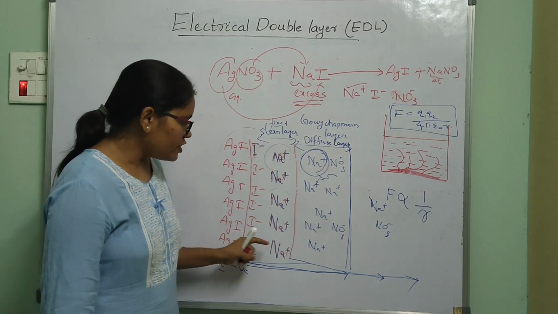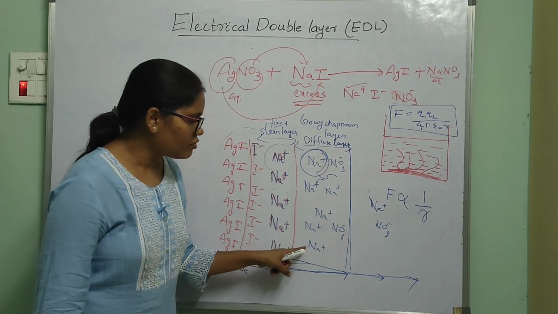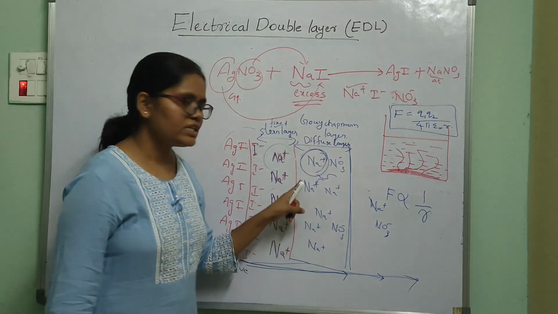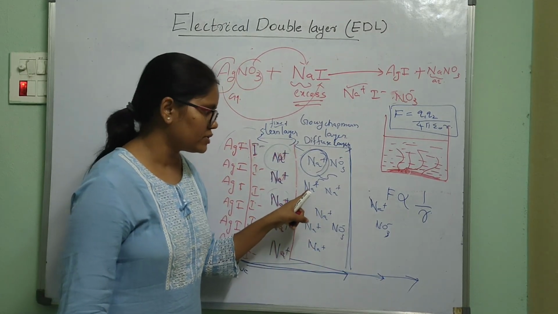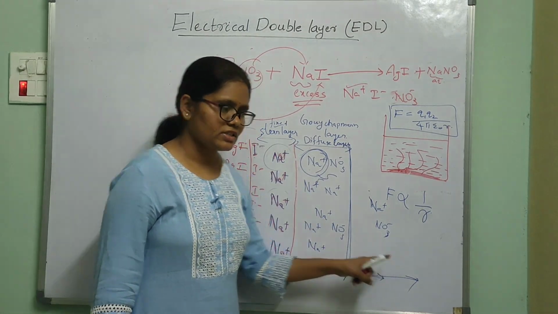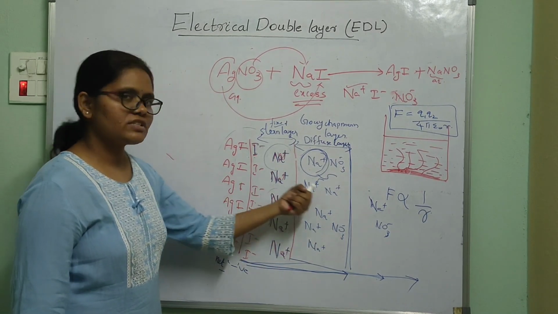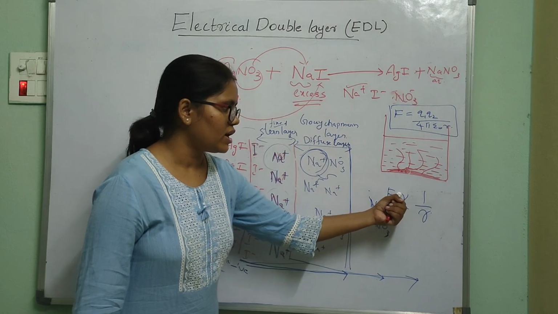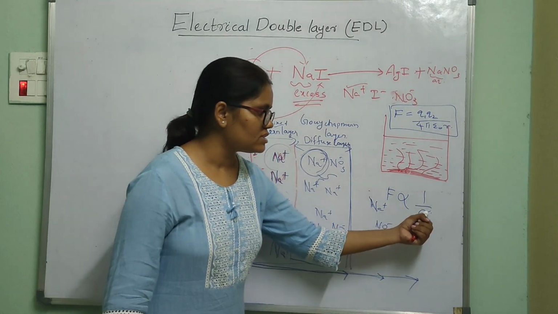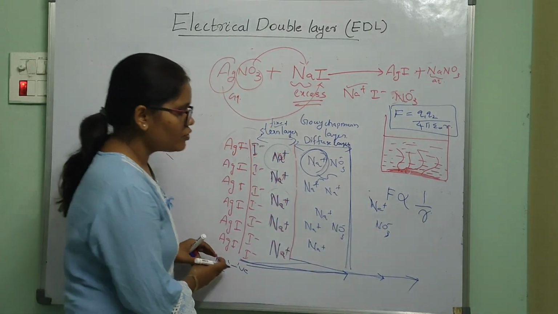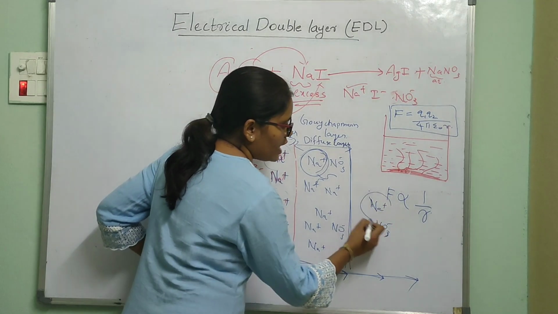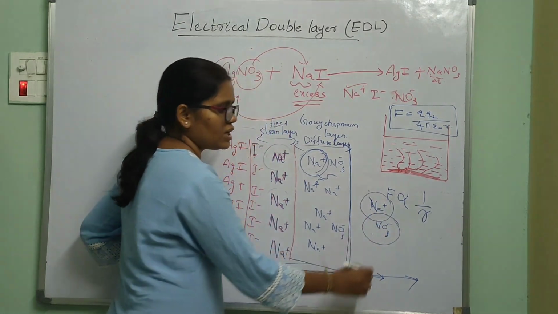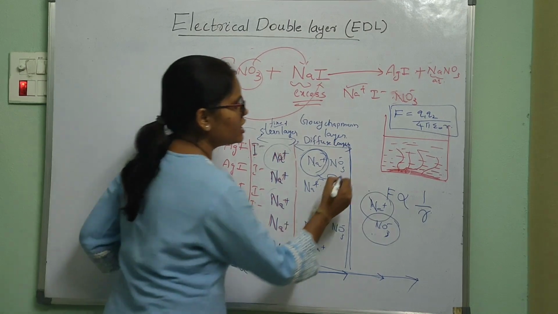So as you move away from the colloidal particle, the concentration of counter ions decreases. Counter ions here are sodium plus ions. The concentration of counter ions decreases because the attractive interaction decreases as the distance increases. So as you move far away, at a certain distance, the positively charged ions and negatively charged ions become equal.